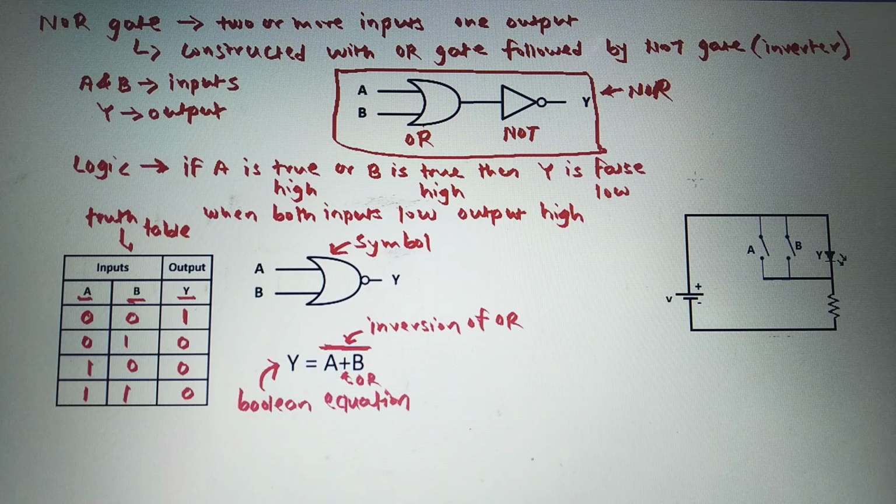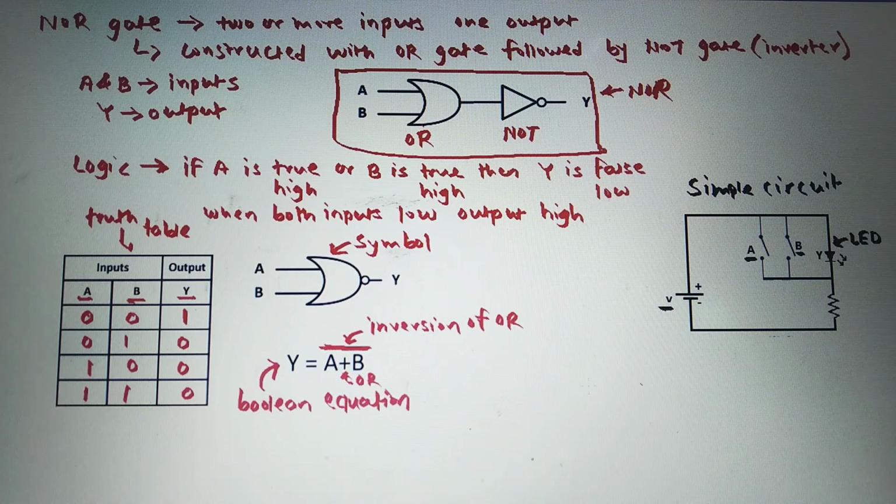Next we will see this simple circuit for NOR gate using switches as input and LED as output. So see here, this Y represents the LED and it is the output, and these two A and B are the switches which are used as inputs, and this is the DC power supply.